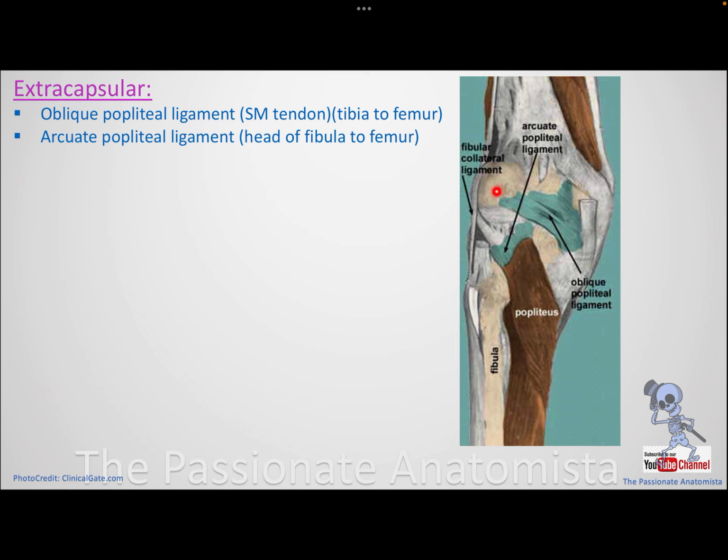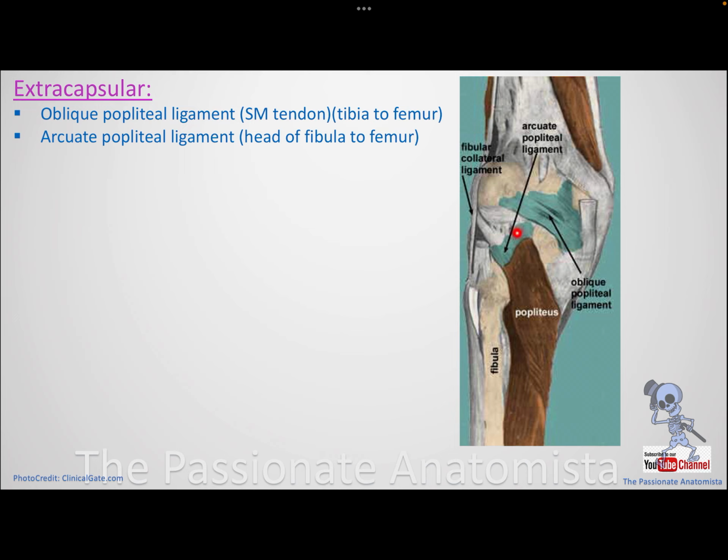Remember the semimembranosus insertion? When we discussed the hamstrings, the semimembranosus goes to the posterior aspect of the tibia. So from the posterior of the tibia to the femoral condyle. So basically this is the oblique popliteal ligament.